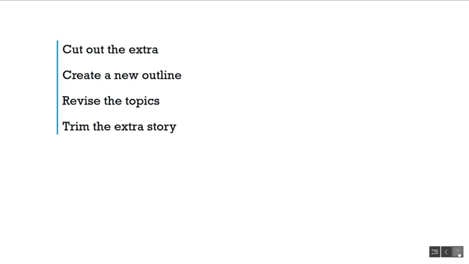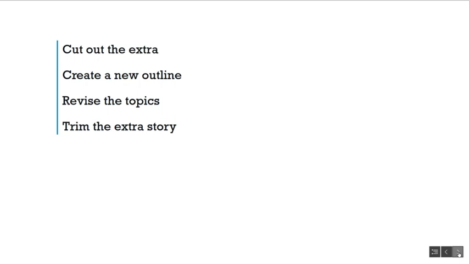Take a look at exactly what you have said. Does it serve the overall thesis? Does it serve the narrative that you're trying to share? If not, then just trim it. Even if it does, maybe it's ancillary material. Maybe it's material that is repeating something you've already said. So cut that out. Trim that down.